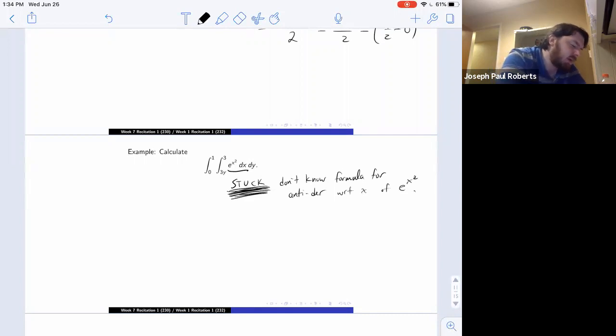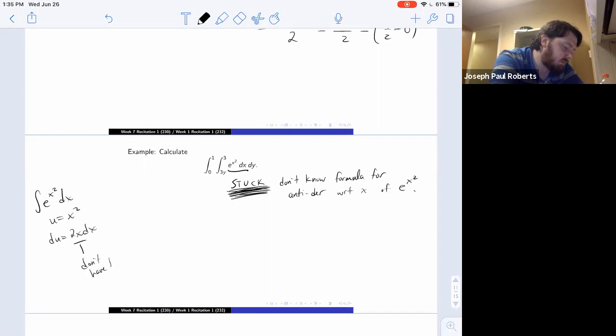For this course, I think substitution is going to be about as far as you need to go. Because if I want to do the antiderivative of e to the x squared, I would try u equals x squared, and then du equals 2x dx. And I don't have this. So we don't have the derivative of the inside that we need to make substitution work. You just pretty much get stuck.